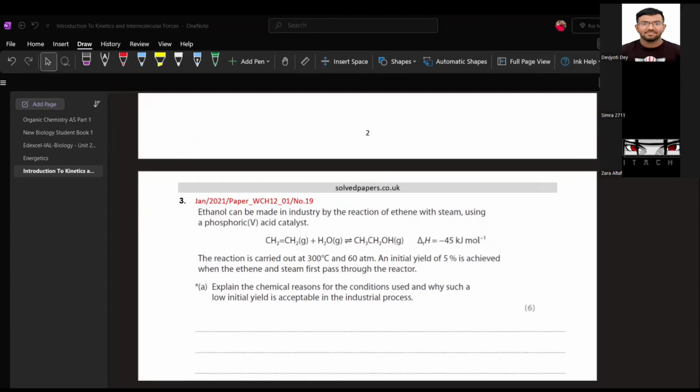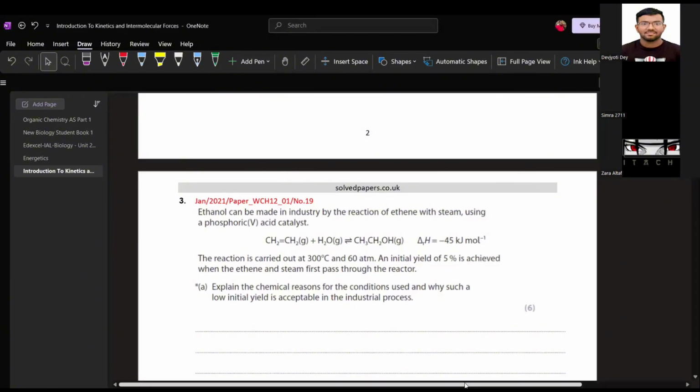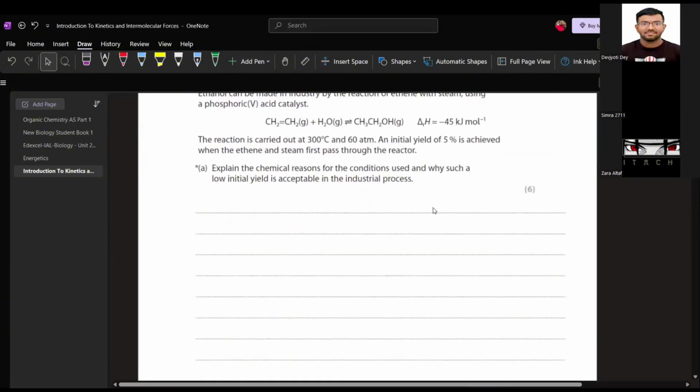So the question was to explain the chemical reasons for the conditions used. So I explained the chemical reasons first. I said the pressure is comparatively lower than a lot of other industrial reactions. It's a fixed atmospheric pressure. Sorry, it's higher. The pressure is relatively higher.